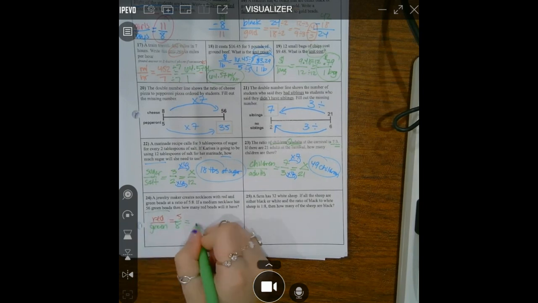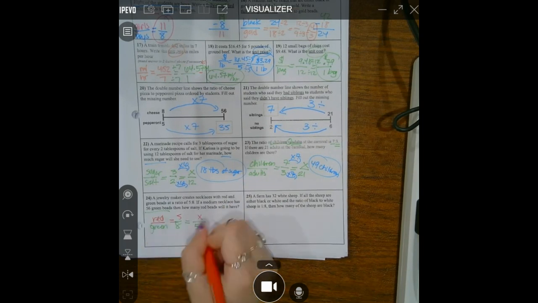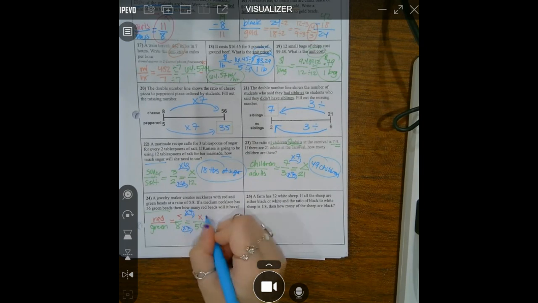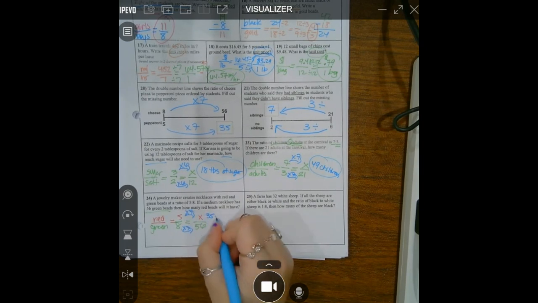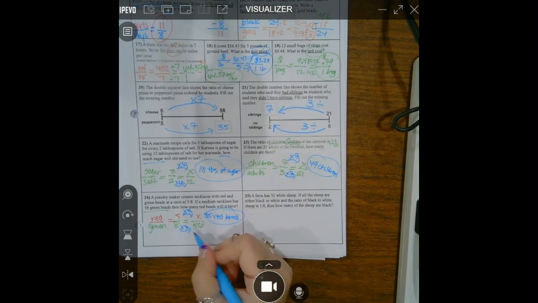The number of green beads. And where are green beads? On the bottom. And then we're going to solve for the amount of red beads. So in the red section, that's the unknown. Let's see if we can do the shortcut. 8 times what is 56? 7. So 5 times 7 is, you guessed it, 35. So there's going to be 35 red beads when there's 56 green beads.